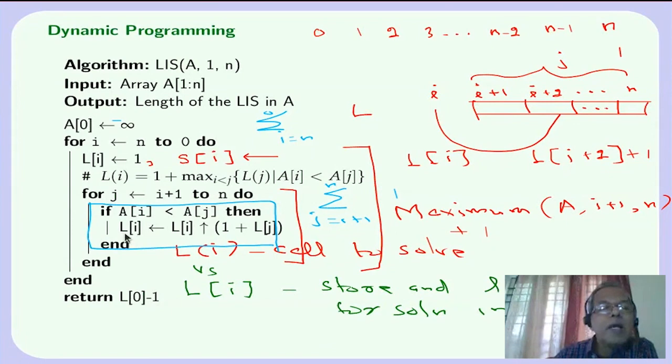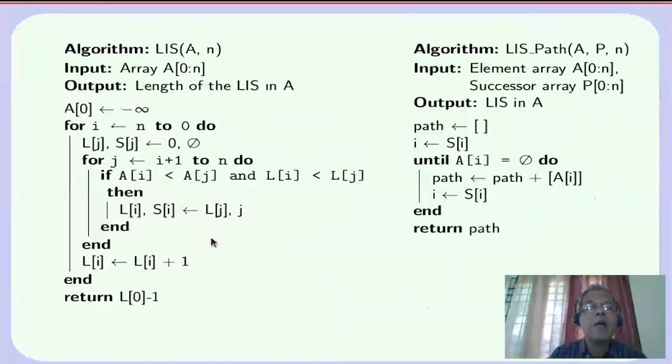And here we have to update the successor. So if you want to retrieve or reconstruct the actual longest increasing subsequence and not merely the length of the LIS, we have to maintain one other state variable, the successor array. Look at the algorithm on the left side.